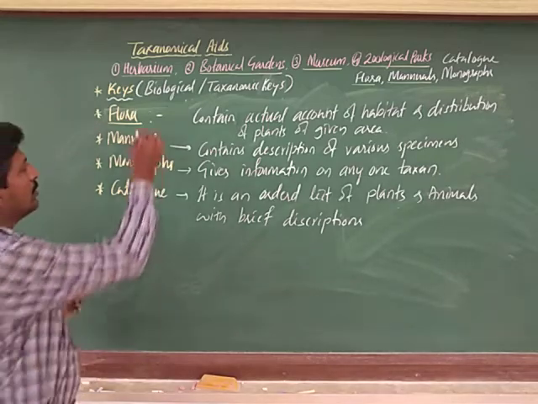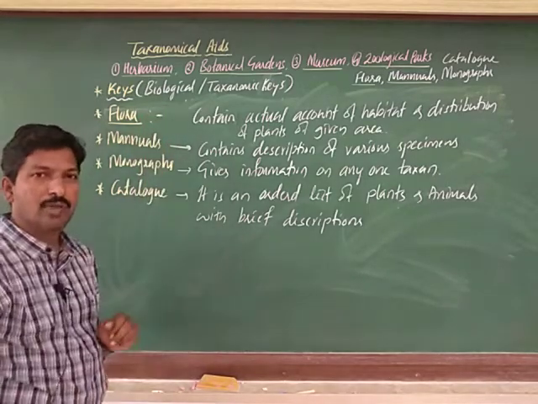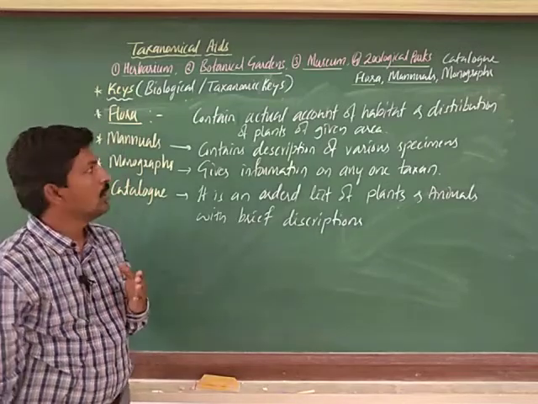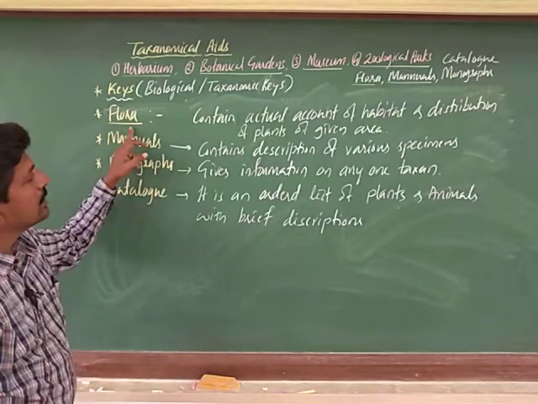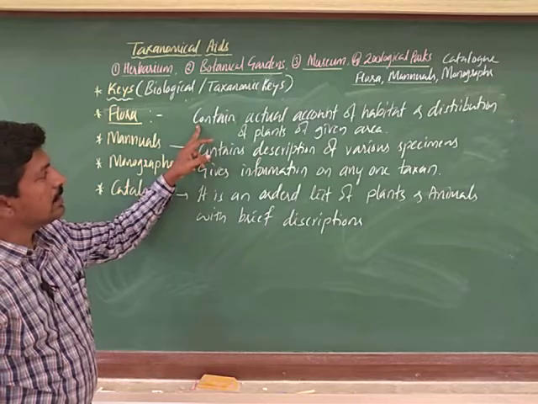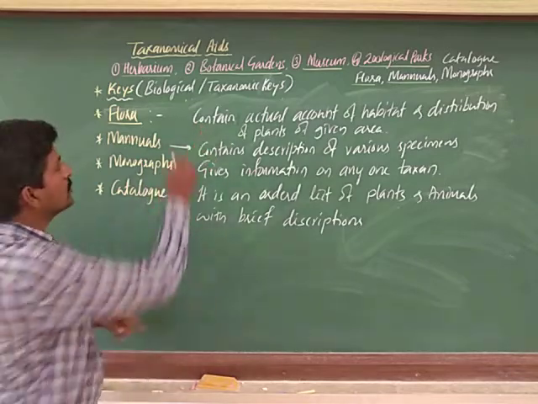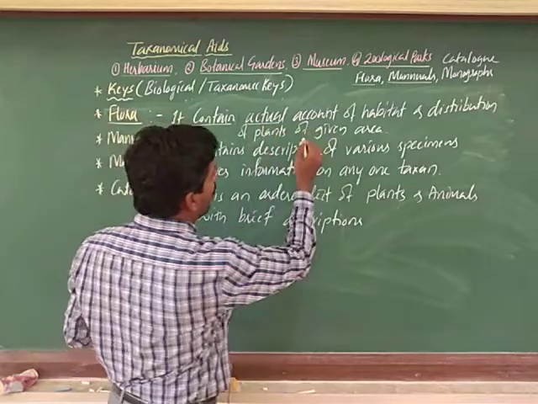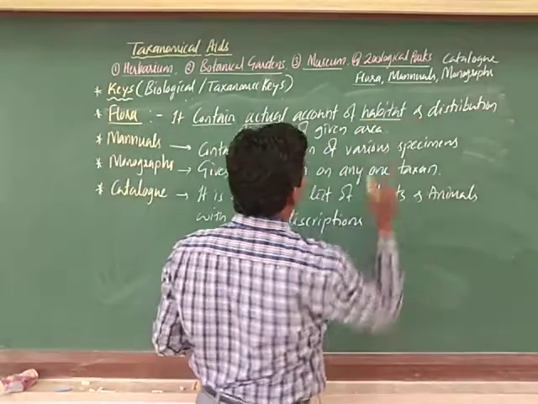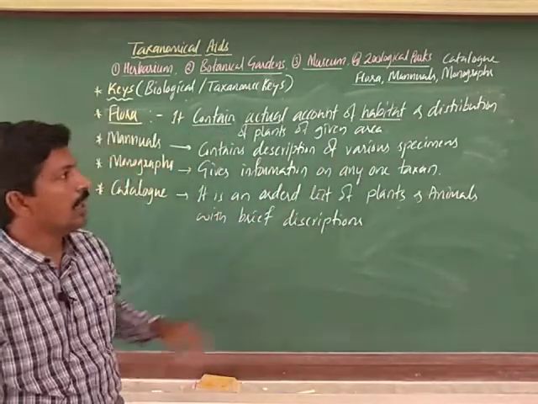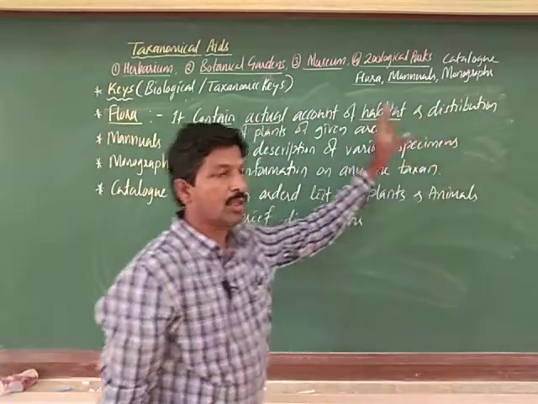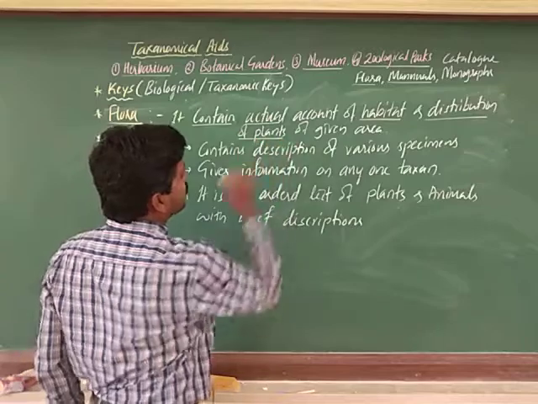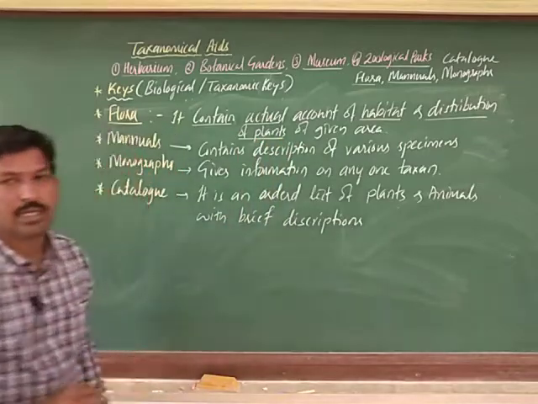See here, flora. So, what is flora? Even flora and fauna we call. Flora is related to plants, fauna is related to animals. See here, flora contains the actual account of habitat and distribution of plants of a given area.